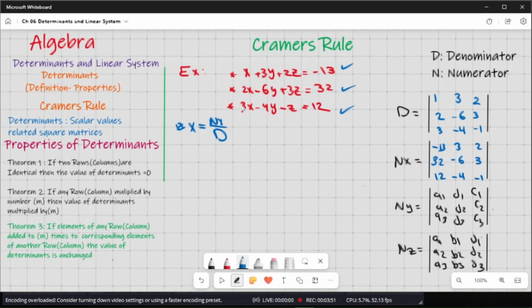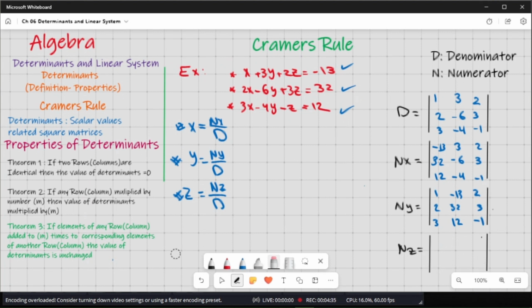And y equal to ny by d; here y will be equal to 1, 2, 3, negative 13, 32, 12, 2, 3, negative 1. And z equal to nz by d.